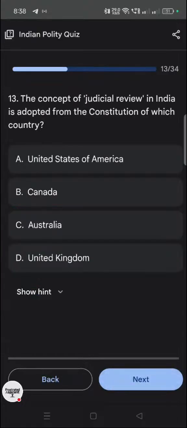The concept of judicial review in India is adopted from the Constitution of which country? USA, Canada, Australia, UK.